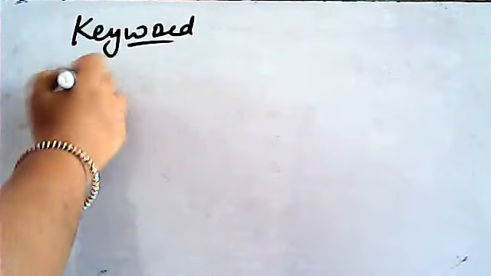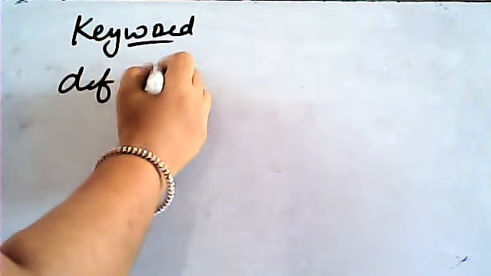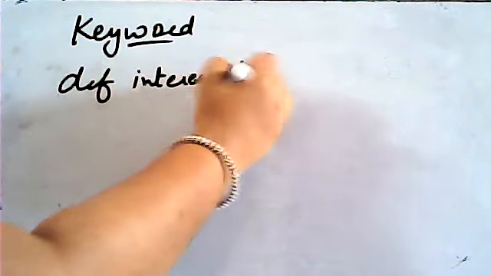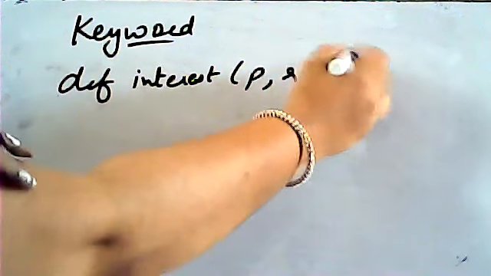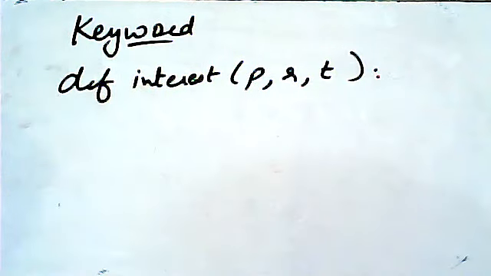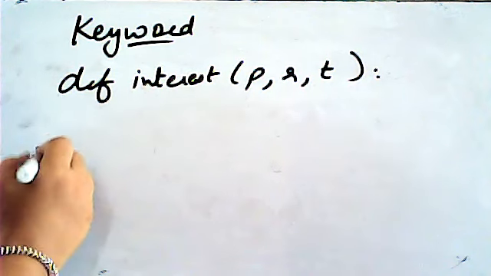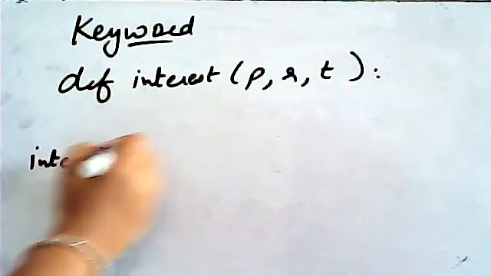So if I take the same function, def interest PRT, I have taken the same one. So when I call this one, at that time I just write it with the keywords.